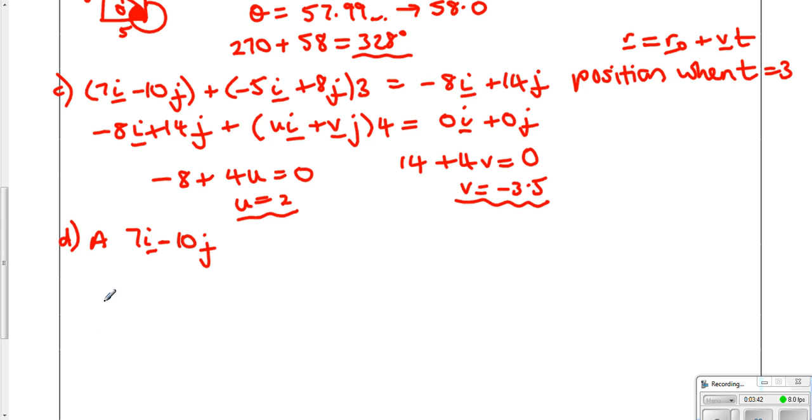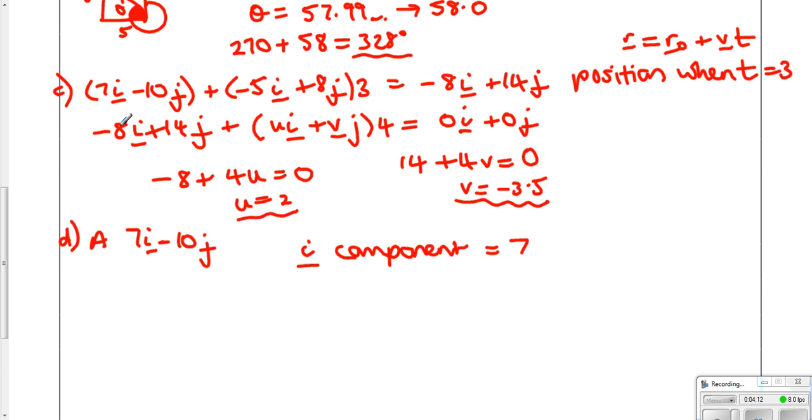That's 7 along and 10 down from the origin. Now, if something is due south of this point, it must have the same i component. It must be 7 along, but perhaps further down, more than minus 10. So what we're looking for is the i component being equal to 7, 7 along and something else further down, which makes it south of this point.